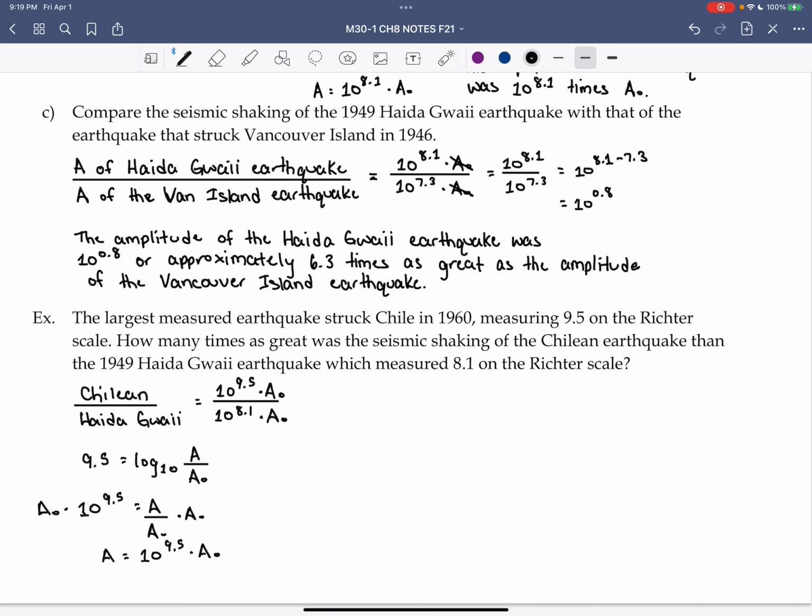And then we solve. Again, we can cancel out or divide out the A0s. We get 10 to the power of 9.5 divided by 10 to the power of 8.1. Using exponent laws, this is 10 to the power of 9.5 minus 8.1, which is 10 to the power of 1.4.